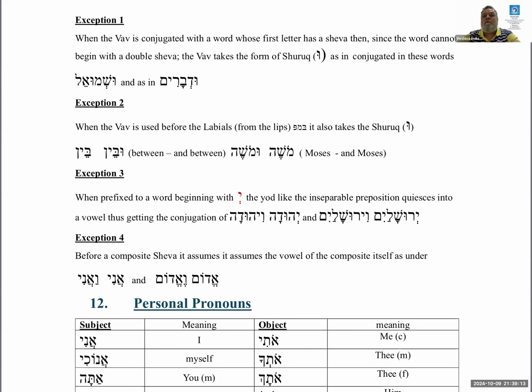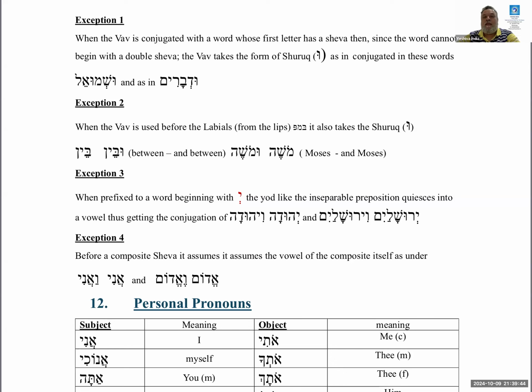Fourth, before composite shva. What takes the composite shva? All the gutturals take the composite shva. When you're adding the conjunction and as a prefix to a composite shva, then it takes the vowel of the composite shva.